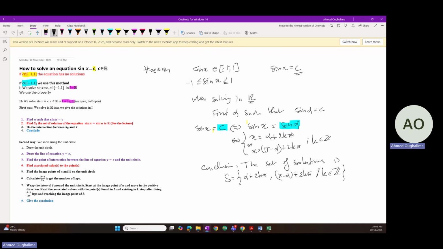If alpha is pi over 3 or something like that, you can replace and calculate pi minus alpha, which is simplified. So this is the general way to solve when we are doing the job in R.